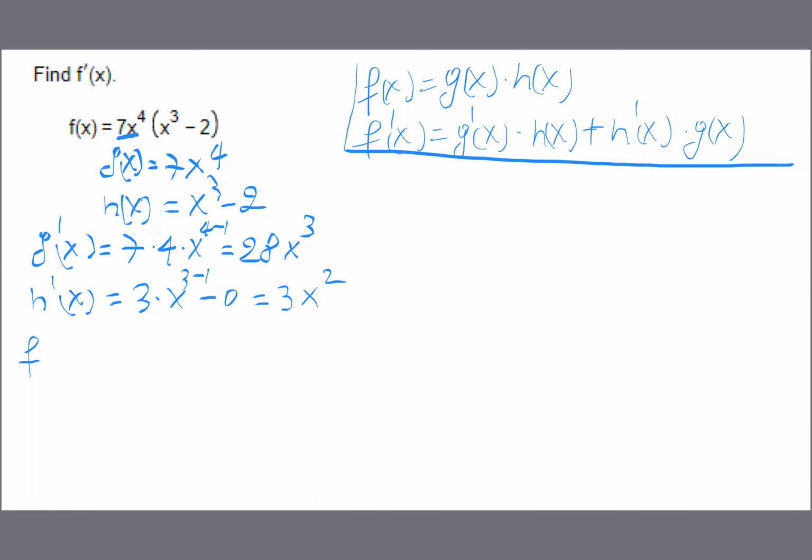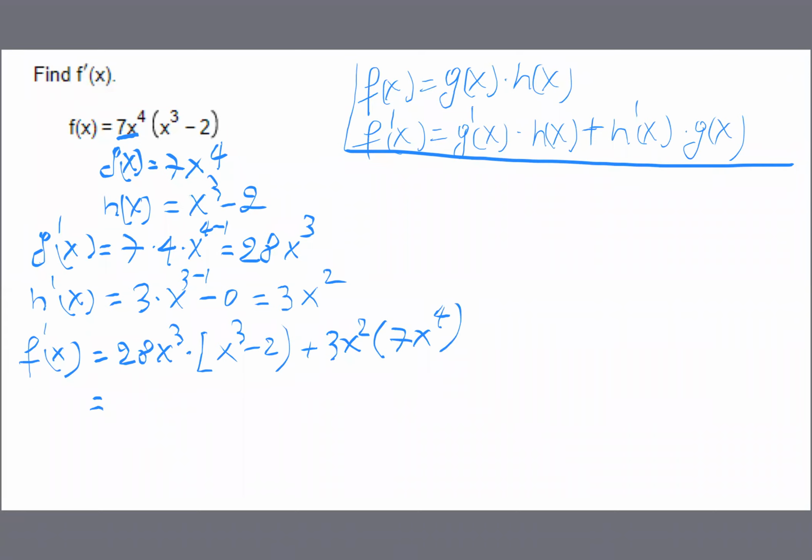Then f prime of x, which is the product of g of x times h of x, is going to be g prime of x, and that is 28x to the third times h of x, x to the third minus 2, plus h prime of x, which is 3x squared, times g of x, 7x to the fourth.